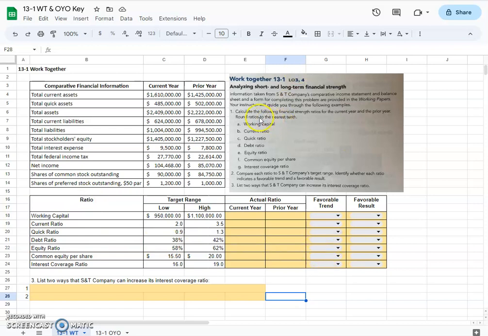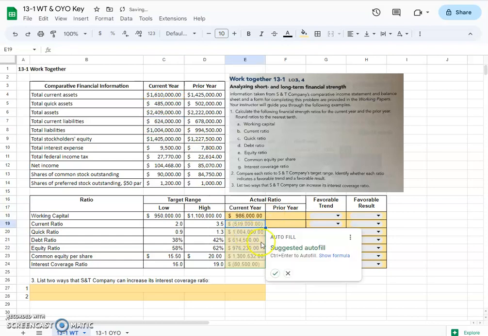So we are calculating all of these ratios: the working capital, current ratio, quick ratio, debt ratio, equity ratio, all of those. That's our first job. Working capital is our total current assets minus current liabilities. I would type an equal sign to start an equation for the current year: current assets minus current liabilities.